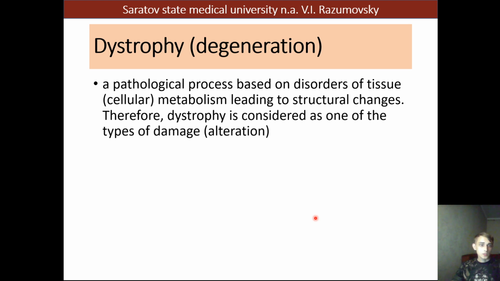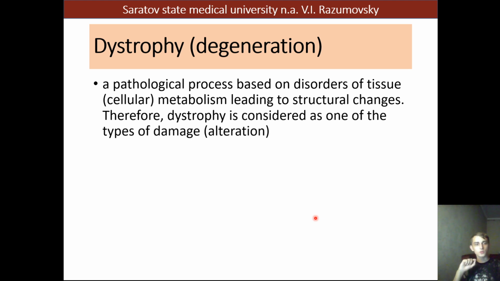So, what is dystrophy or degeneration? Degeneration is a pathological process based on disorders of tissue or cellular metabolism that leads to structural changes. Dystrophy is considered one of the types of damage or alteration. I would like you to mark that dystrophy is one type of damage or alteration, because in the second module we will talk about inflammation, and in inflammation we will talk about alteration.